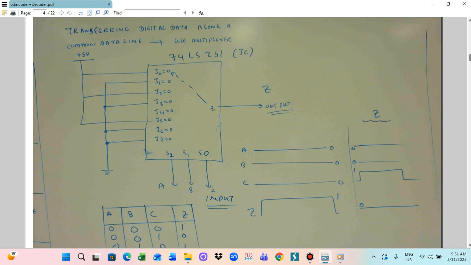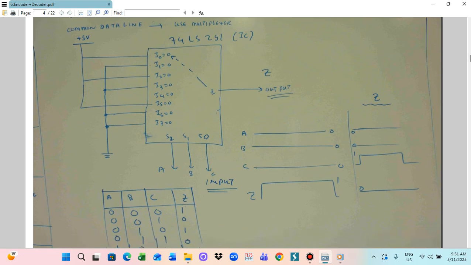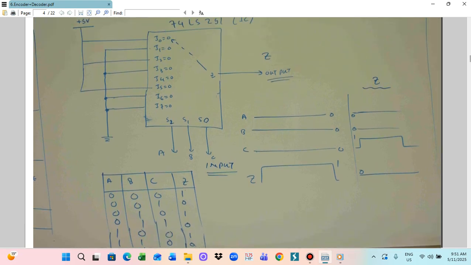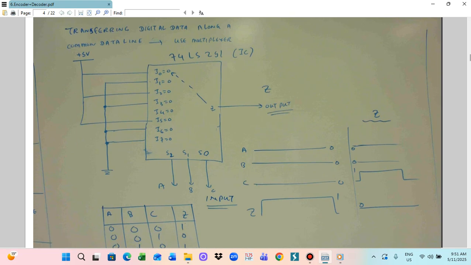Now we also see the internal diagram of the 74AS251 IC. The 74AS251 has 8 inputs and only 1 output. So we can construct the internal diagram here.